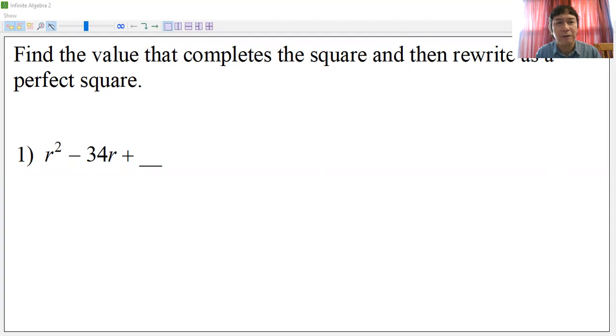Now the basic formula for completing the square is to get the coefficient of the first degree variable, divide it by 2, and then square it.